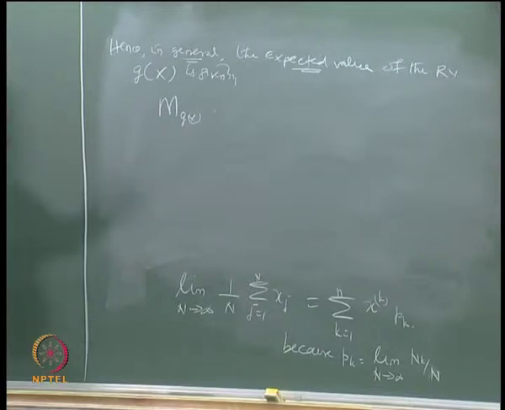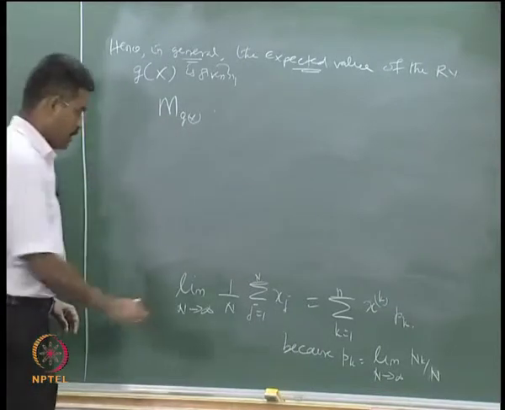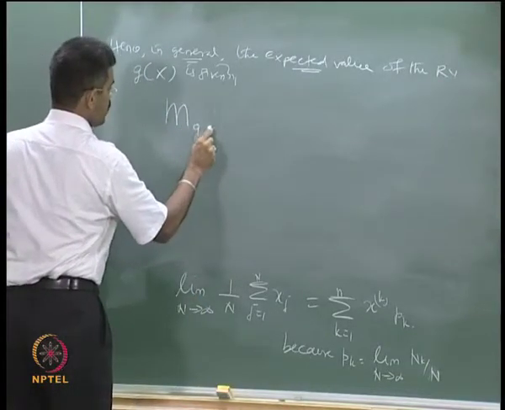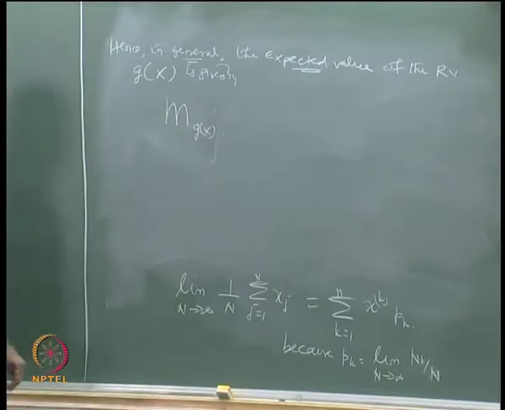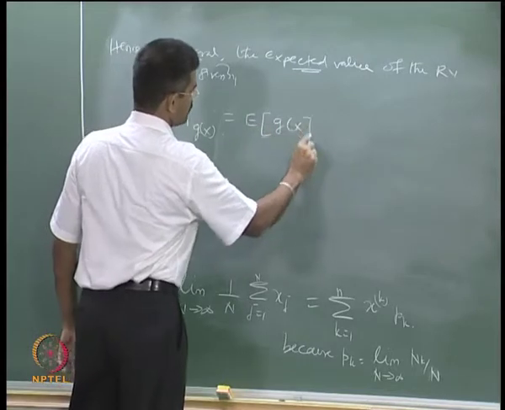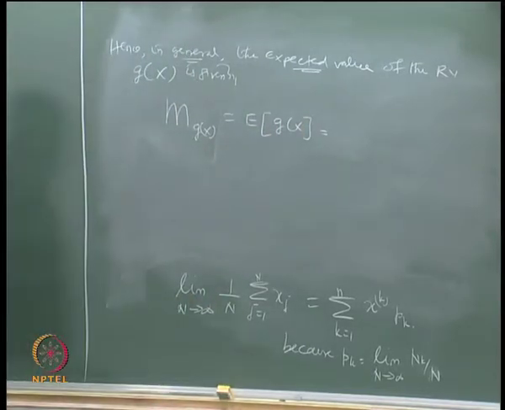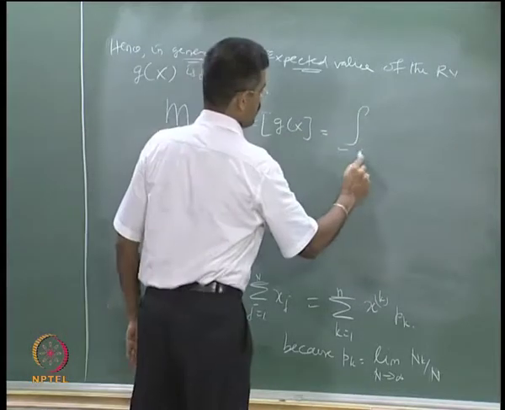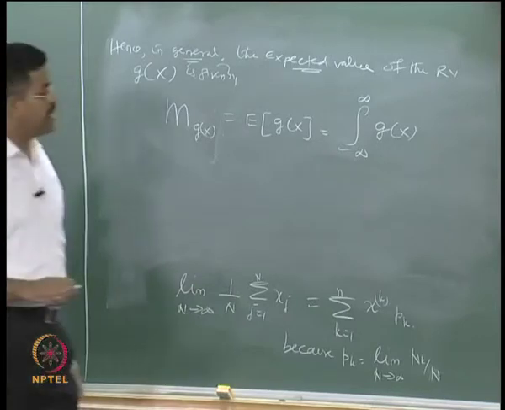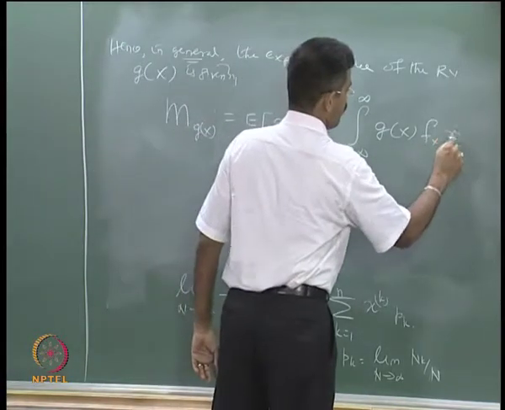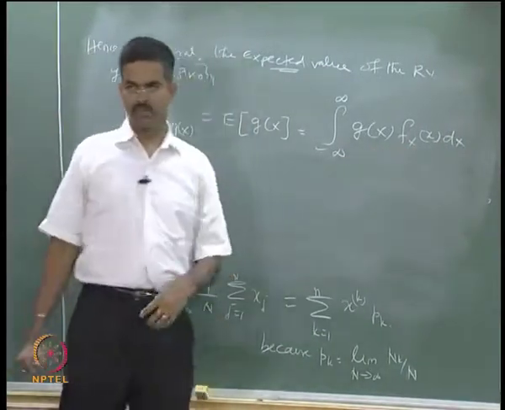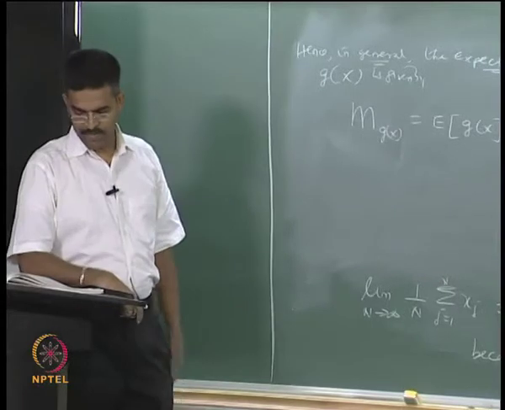That is the second order derivative statistics. Small m is the mean, this is small m, okay, I will rewrite it again. This is small m g of x, given by expected value of g of x, that is the mean, which is given by a classical expression, integral from minus infinity to infinity g of x f of x dx, where f of x is the probability density function for a given distribution.